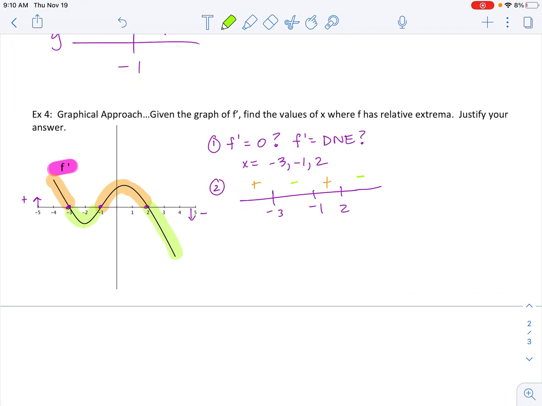And I've got plus to minus. Here I have a maximum. I've got minus to plus. So here I have a minimum. And then I've got plus to minus. So here I have another maximum. Because remember, this sign chart is talking about the signs of f prime, and it yields the same thing.